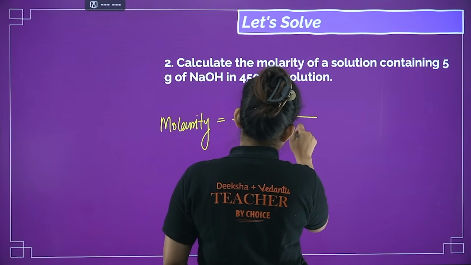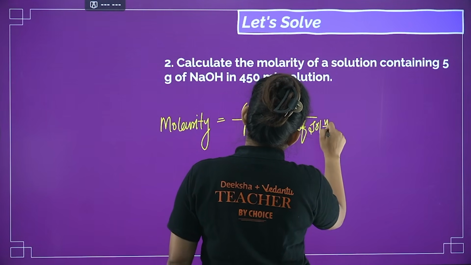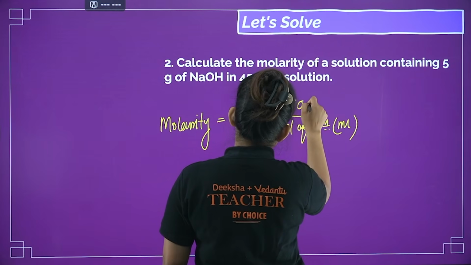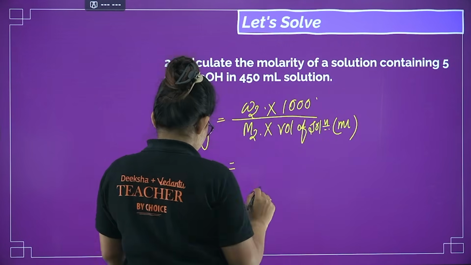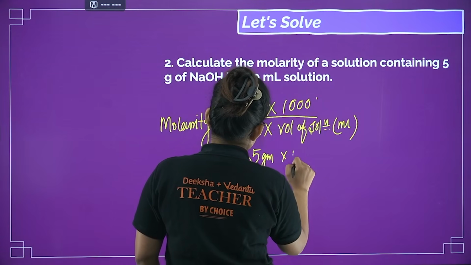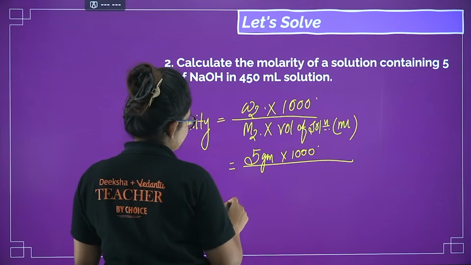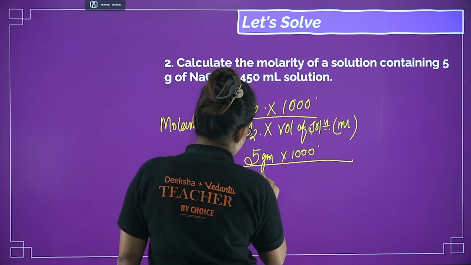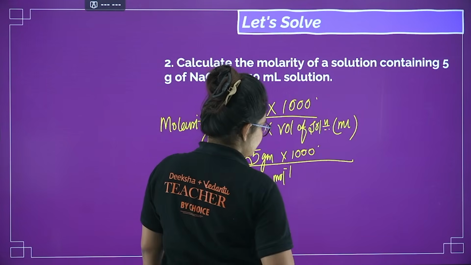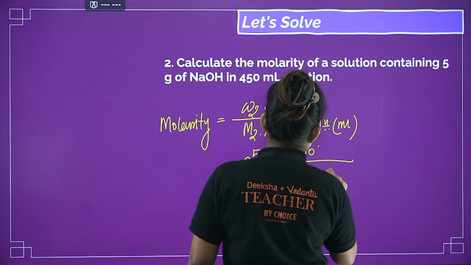Here I am going to multiply volume of solution, that I am going to take in ml, into 1000. Let's put it. So here basically I am having 5 gram into 1000 divided by molecular weight of NaOH, which is something like 40 gram per mole, into volume, which is something like 450.